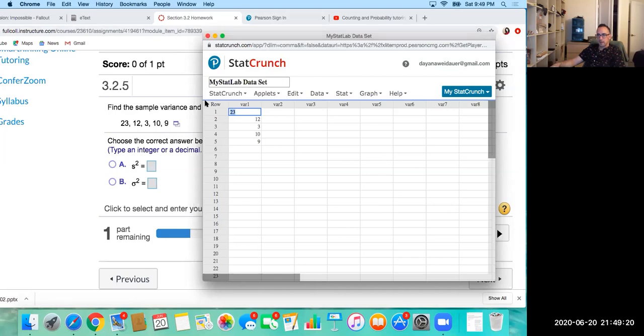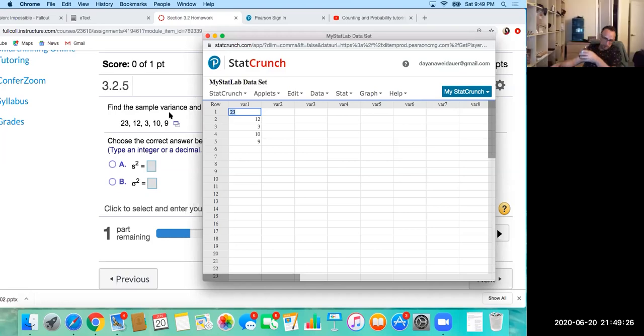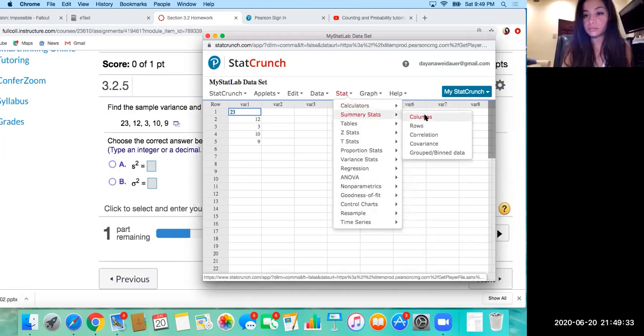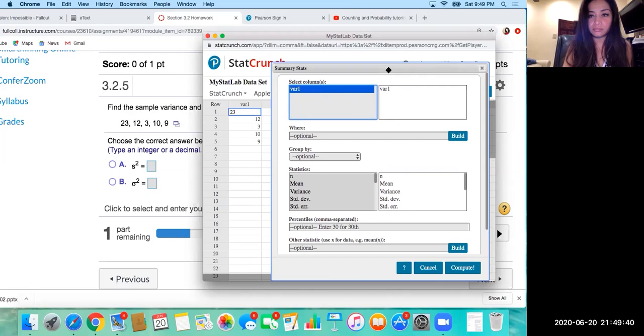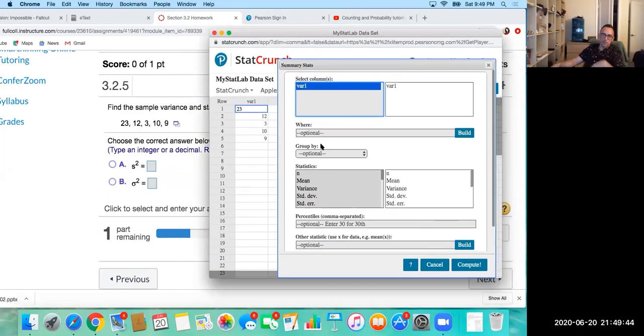Okay, so I have my sample. So how do you find it? Same thing we always do. What am I trying to find? The variance and standard deviation, but the sample variance and sample standard deviation. So just click variance and standard deviation for now.